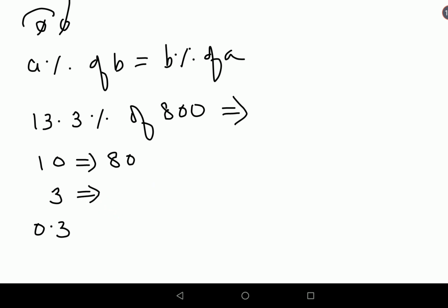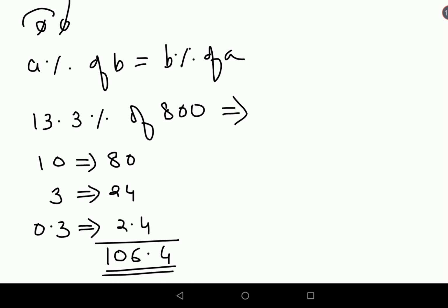Again, 1% would be 8, so 3% would be 24, and 0.3% would be 2.4. Add all of them, so you will get 106.4 as your answer. I hope you are understanding how to solve these kinds of questions.